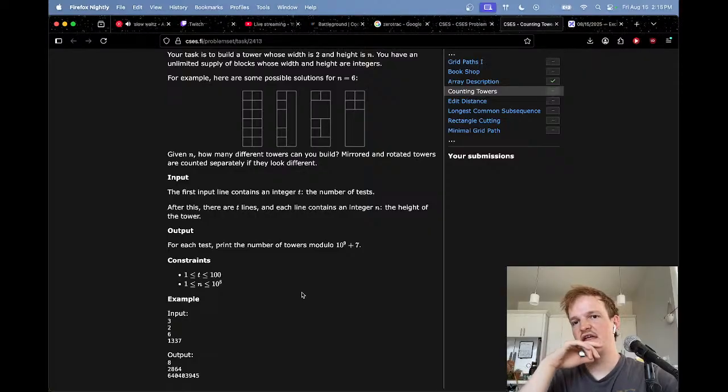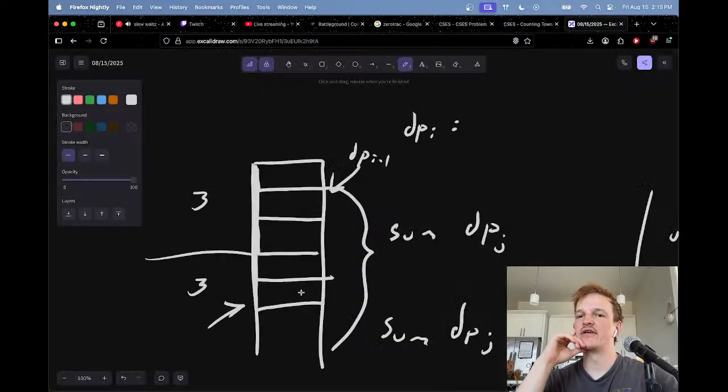The height is n. There's really 6 ways. I think my logic is flawed. Damn.